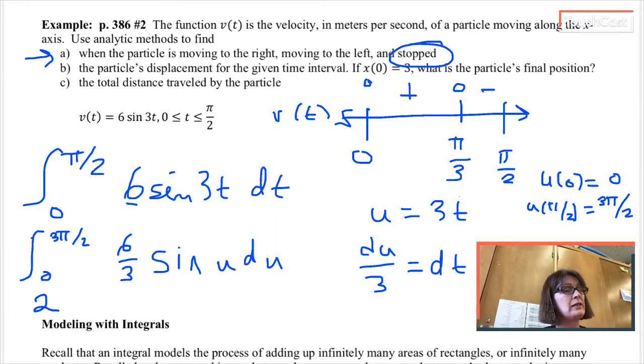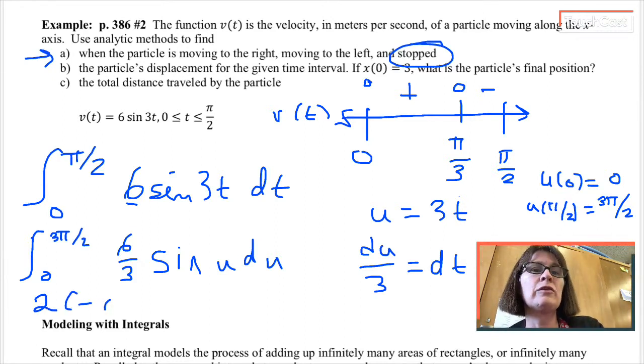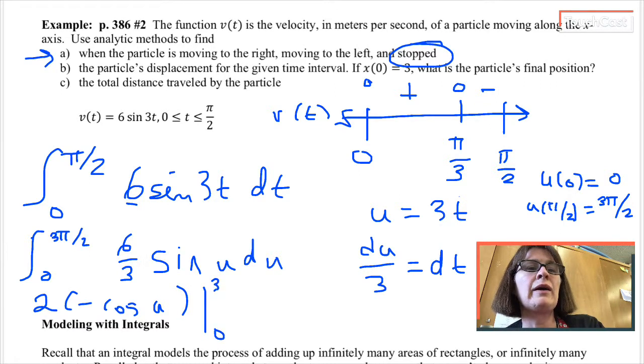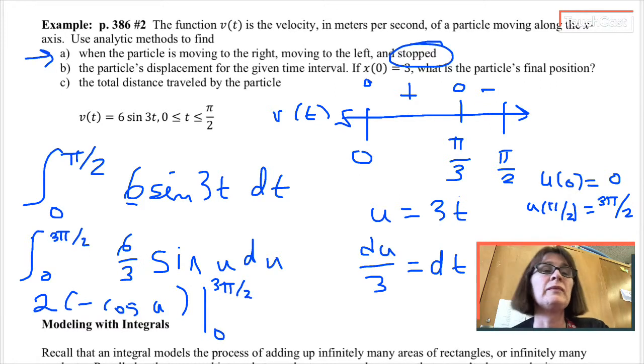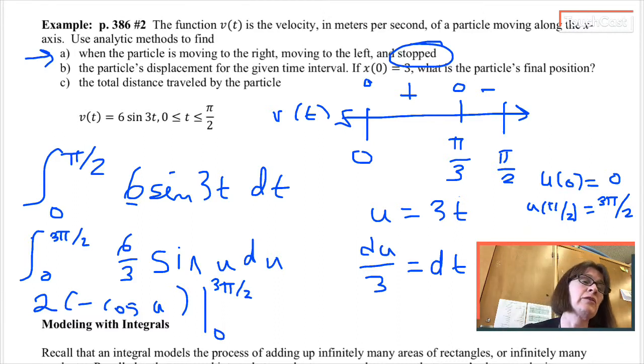The antiderivative of sine is negative cosine of u. And I'm going to evaluate from 0 to 3 pi over 2. So that's 2 times the negative cosine of 3 pi over 2. Well, the cosine of 3 pi over 2 is 0.